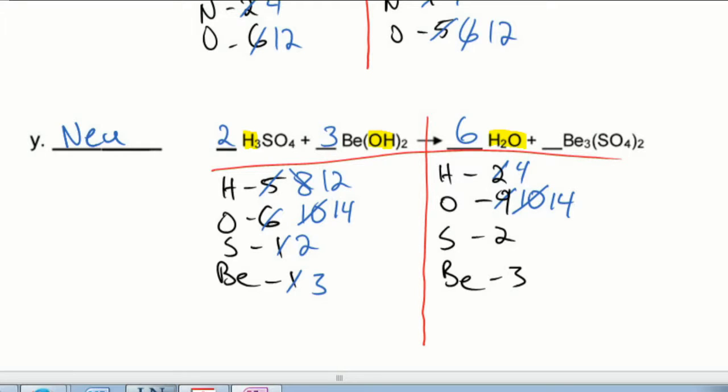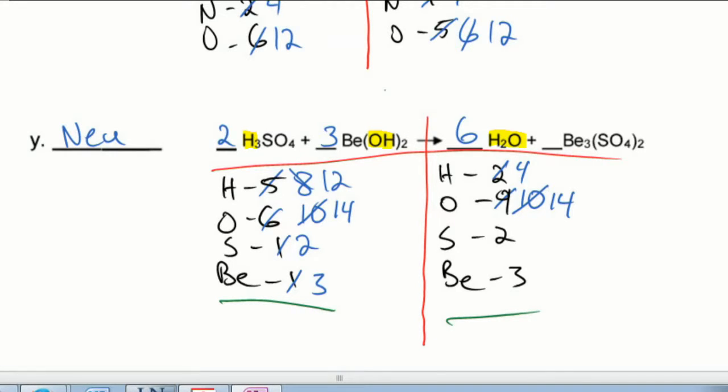All right, a couple things that I needed to get out of the way. The beryllium down at the bottom here only shows up in one spot, so I had to balance that one. So maybe that one I probably should have done first. Once I got beryllium balanced, that changed my oxygens and hydrogens up here, and then I could deal with it from there.